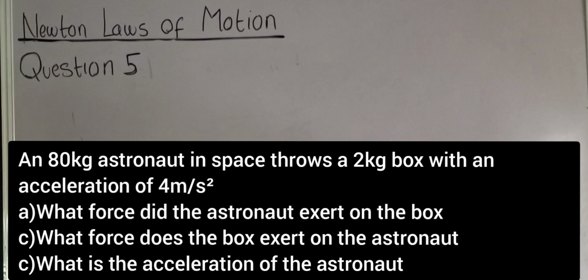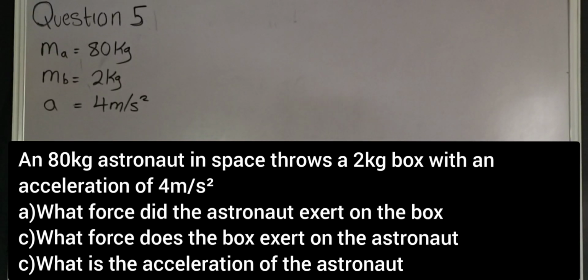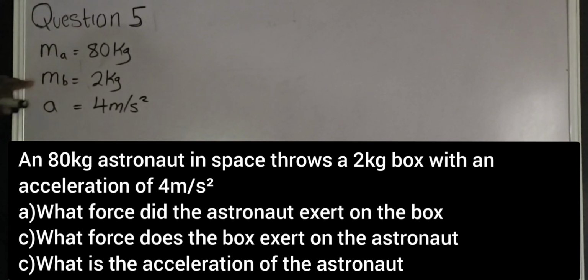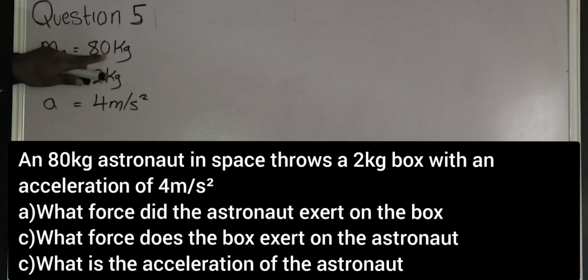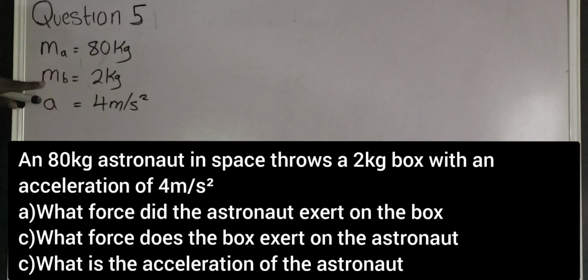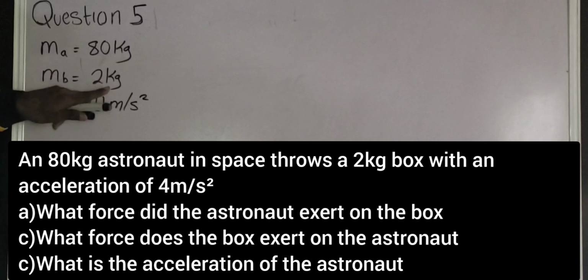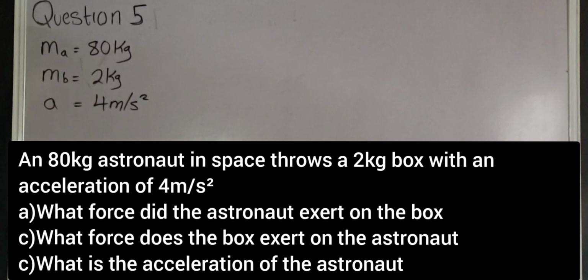C. What is the acceleration of the astronaut? Let's start by writing out our parameters. From the question, the mass of the astronaut is 80 kilogram. The mass of the box is 2 kilogram. Now, I want to ask you, we are given an acceleration.